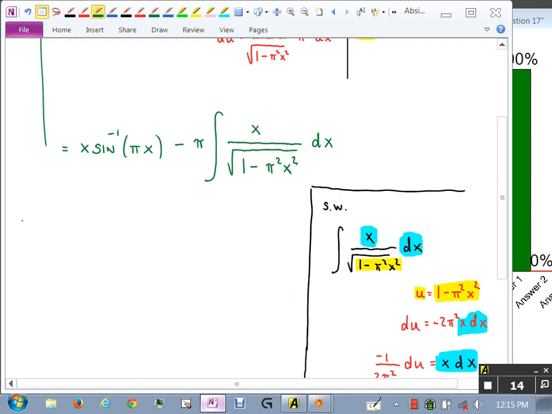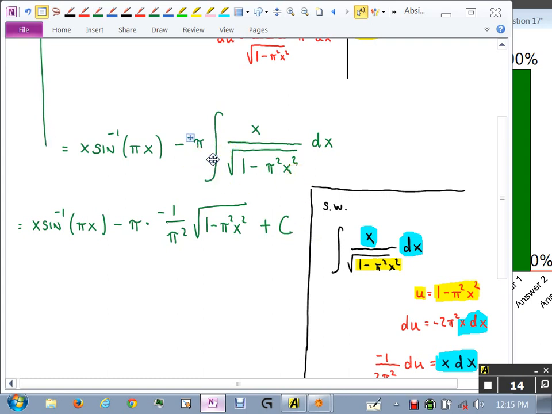So here we go. This is equal to x arc sine of pi x minus pi times negative 1 over pi squared times the square root of 1 minus pi squared x squared plus c. Now there's my c. Also be careful here, because this is negative pi times the integral.